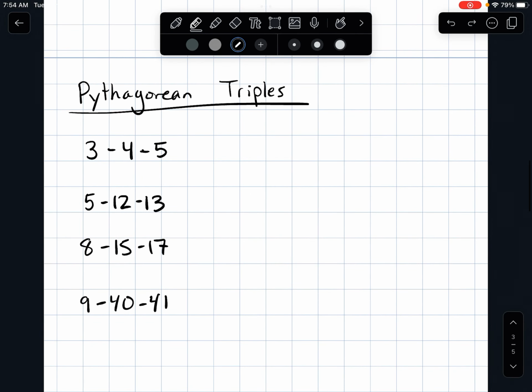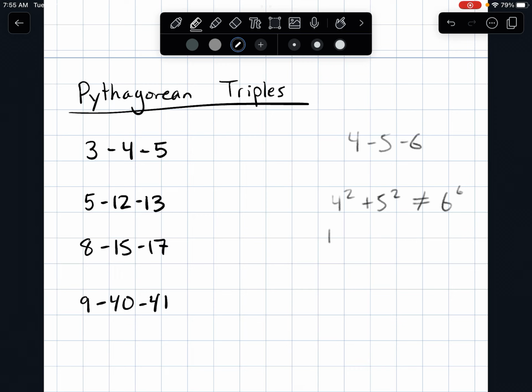All right, some Pythagorean triples. Pythagorean triples are whole numbers that work when you take a squared plus b squared equals c squared. You can't just pick any 3 numbers. I can't just pick 4, 5, 6. This does not make a right triangle because 4 squared plus 5 squared does not equal 6 squared.